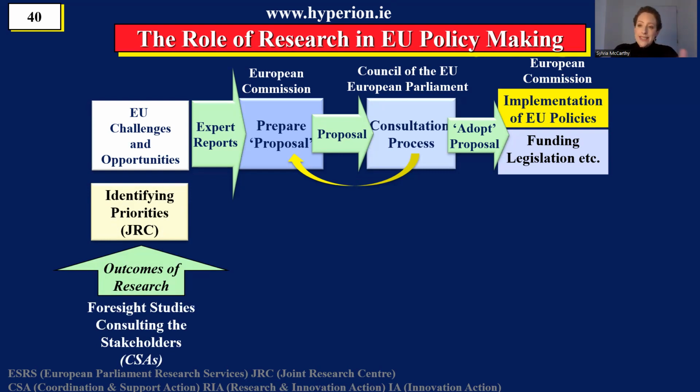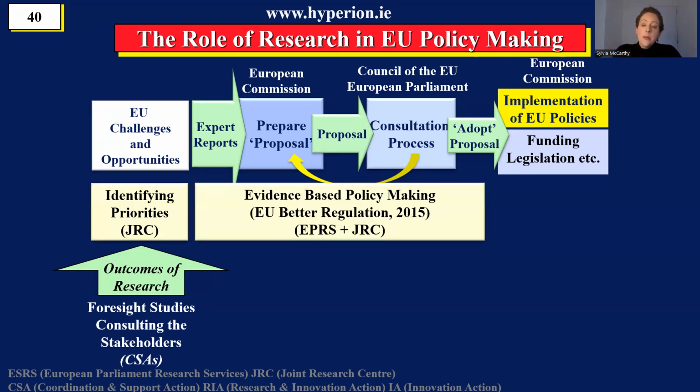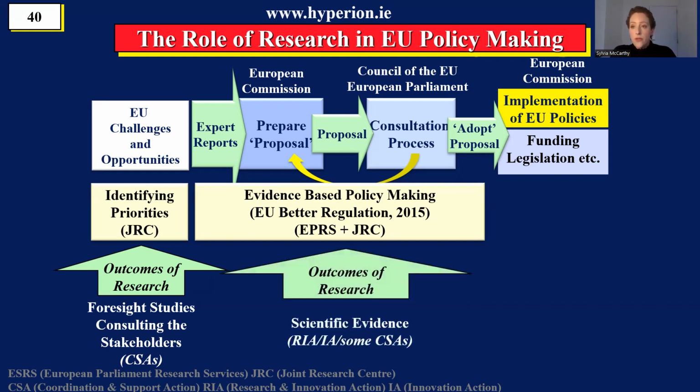When the proposal is in action, the policymakers want to produce evidence-based policymaking. So that is why they call upon the researchers to provide scientific evidence that will support this policymaking, that will show that it is relevant and that it is possible.